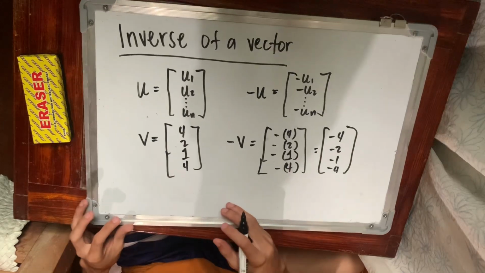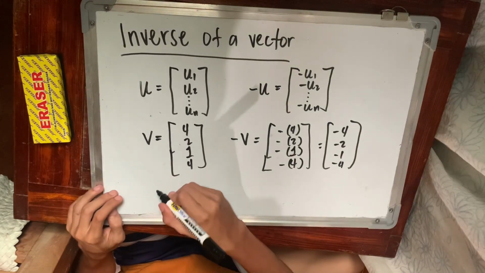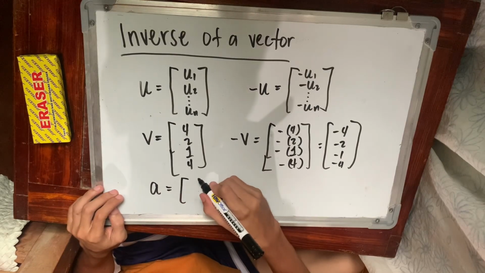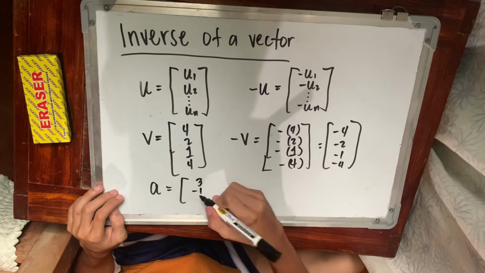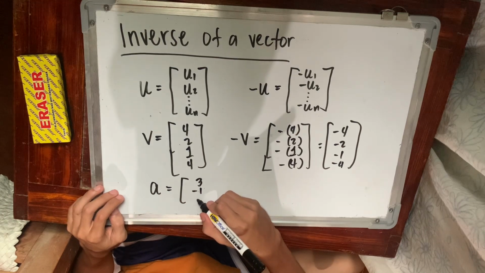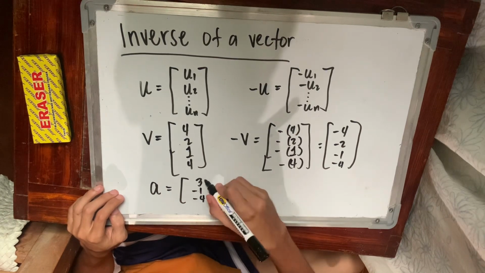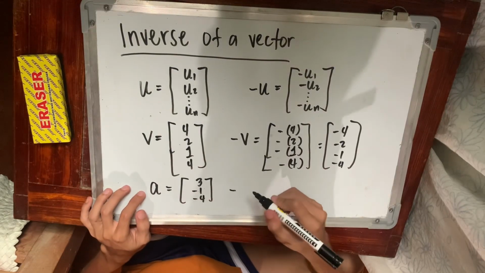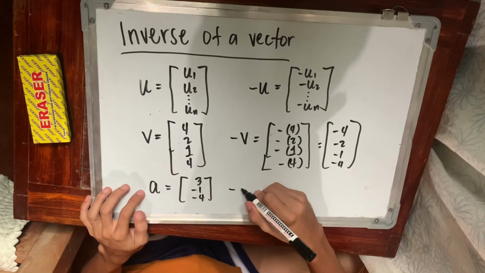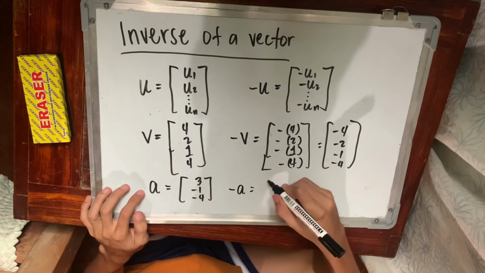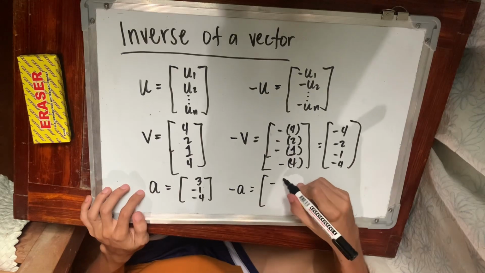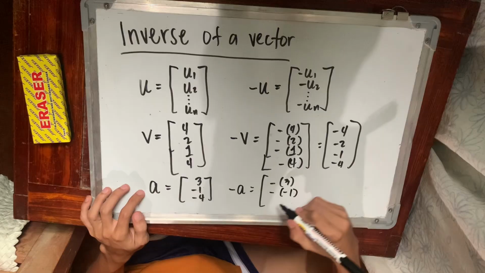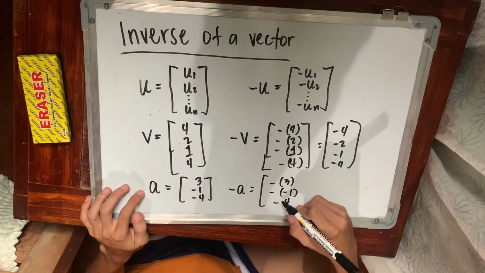So let's have another example. Vector a is equal to 3, -1, and -4. If we want to find the inverse of this vector a, it's just the negation of vector a, which is equal to negation of 3, negation of -1, and negation of -4.